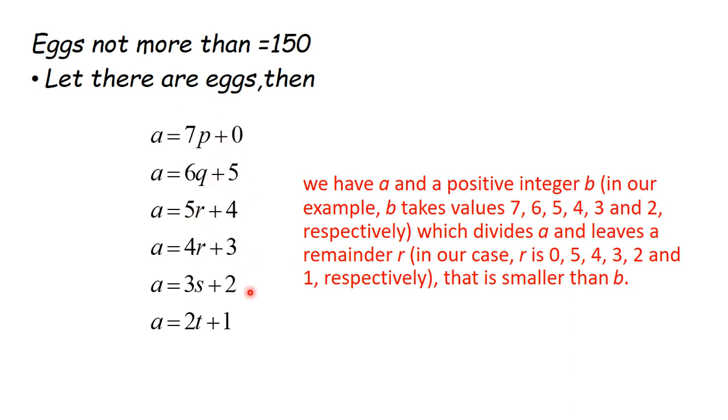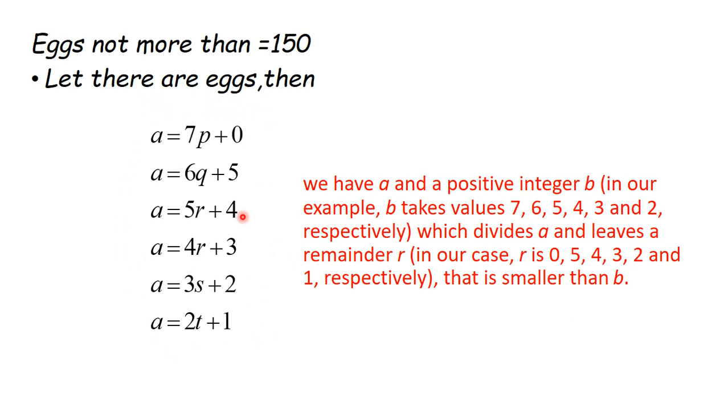So what we have done, we have used here Euclid's division lemma. If I say we have used Euclid's division lemma, then you will ask how we have used it.